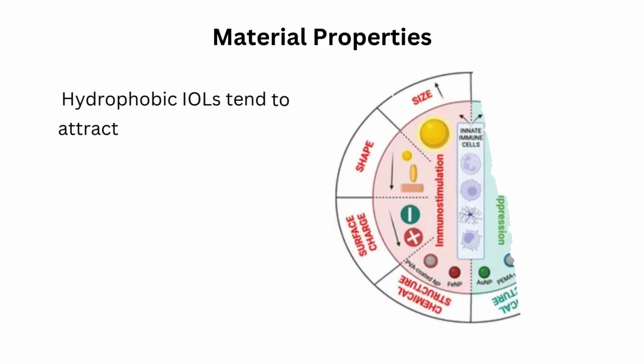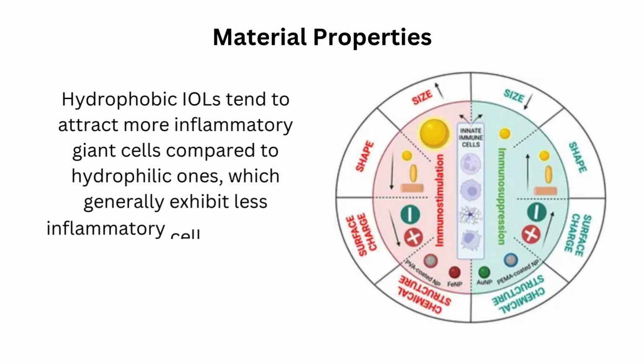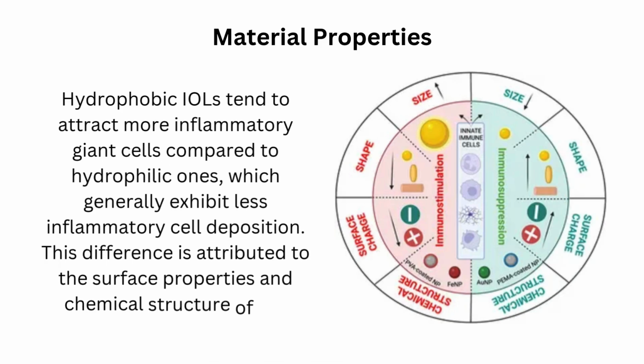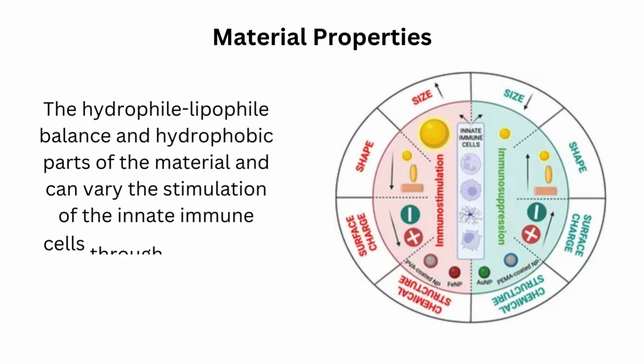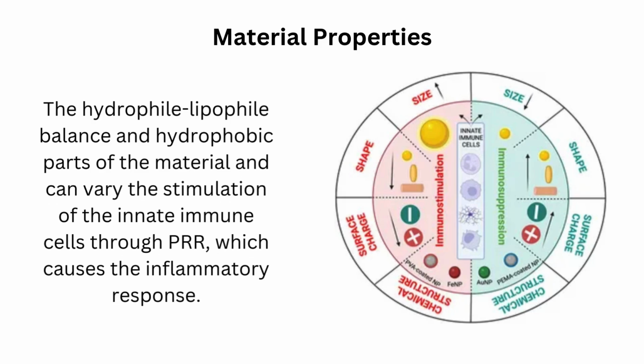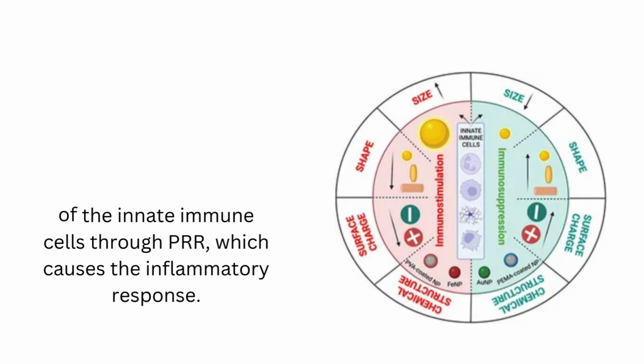For instance, hydrophobic IOLs tend to attract more inflammatory giant cells compared to hydrophilic ones. This difference is attributed to the surface properties and chemical structure of the material. The hydrophile-lipophile balance and hydrophobic parts of the material can also vary the stimulation of innate immune cells through PRR, which causes the inflammatory response.